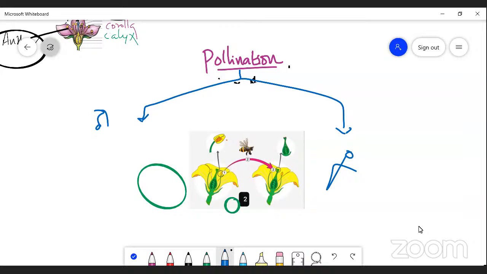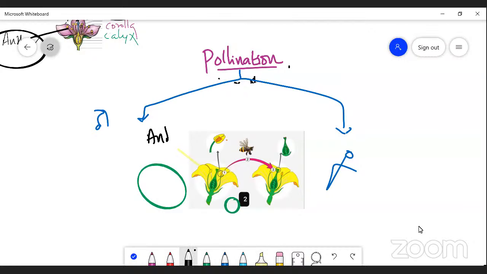I repeat once again, the transfer of pollen from anther to stigma either between different flowers of the same plant or different flowers of various plants is called cross-pollination, right? Hoping that you can understand, the diagram explains very clearly. Here, flower number 1 consists of anther.